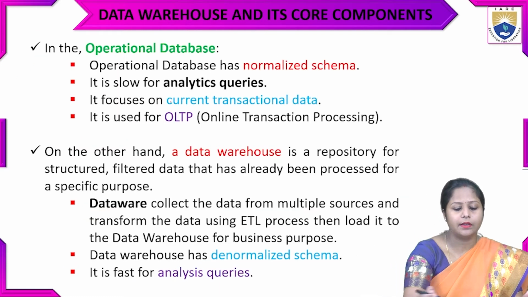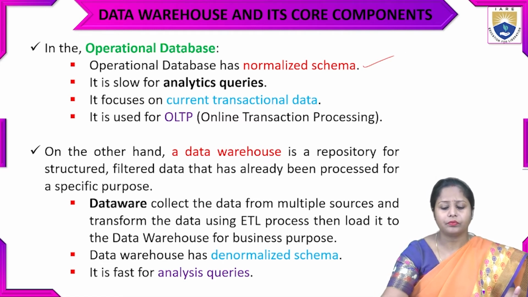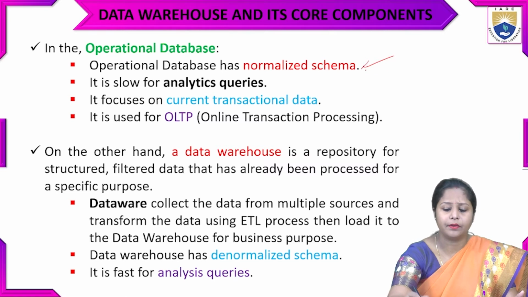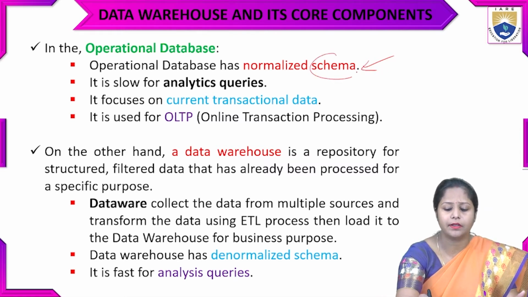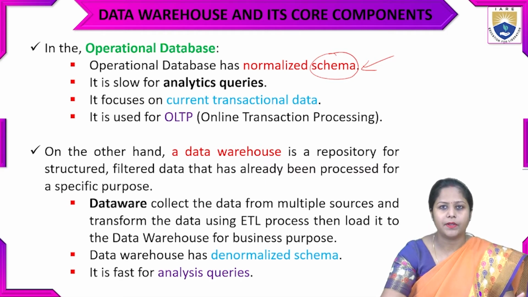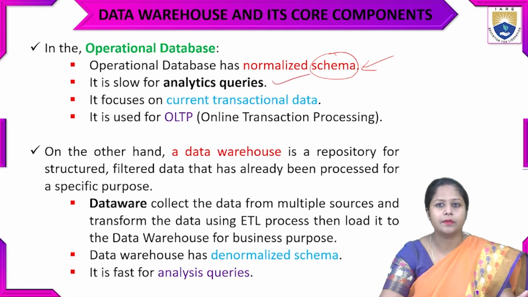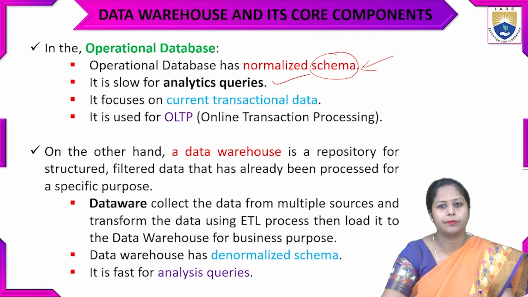We can also say the operational database has a normalized schema. In the last class we went through the different schemas. The operational database has a normalized schema, and it is very slow for analytics query purposes.